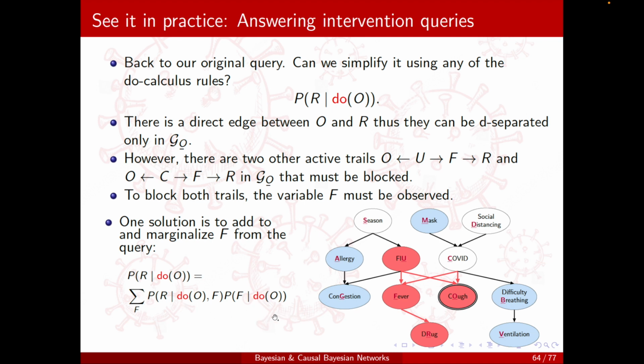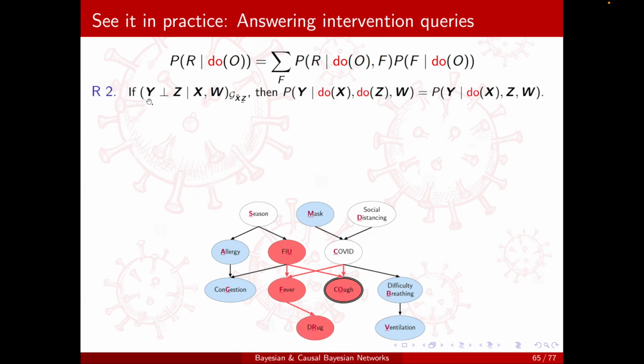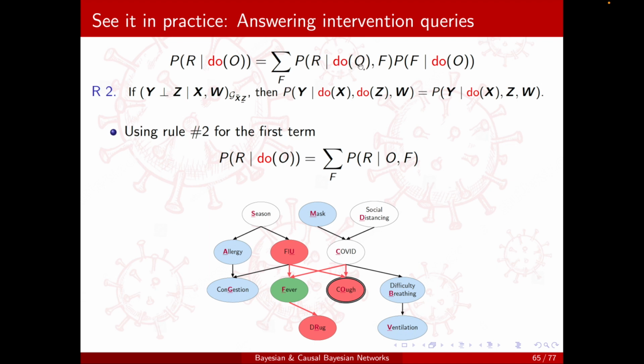Now, how can I simplify this? Ideally I want to remove the do's. The first term is what I intended, to make drug and cough independent, so I can now use the second rule. Note that I removed the outgoing edges from cough, so Z underline is the same as cough, and I can remove the do operation from Z and make it an observation. The same here would be to remove do from O and just observe O.